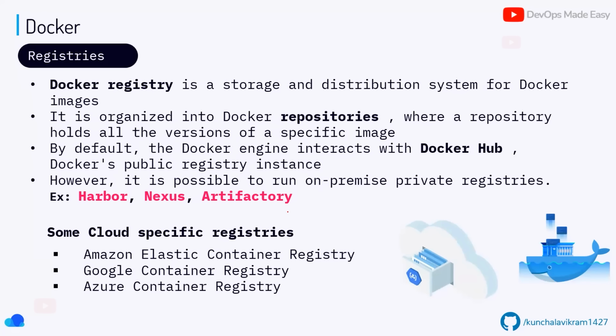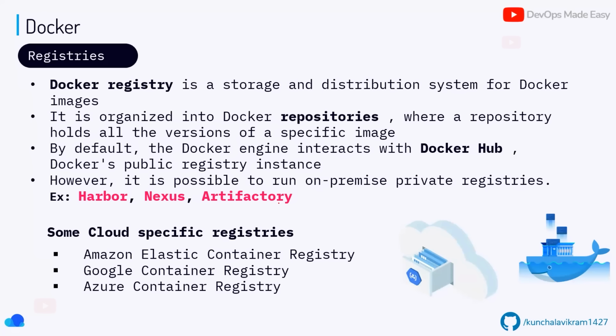And Docker registries, as we already discussed, are a place where we store all the container images, not the containers. By default, the Docker engine interacts with Docker Hub, which is a public registry. You can create your own account and store your images, but mostly they will be public, which everyone can see and download, and only one image can be in private mode.